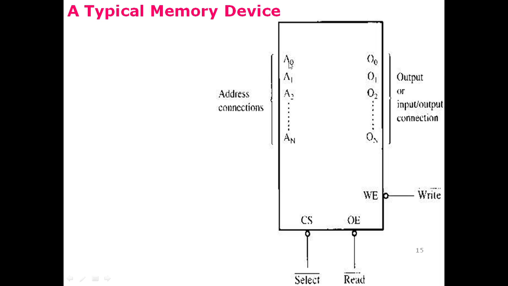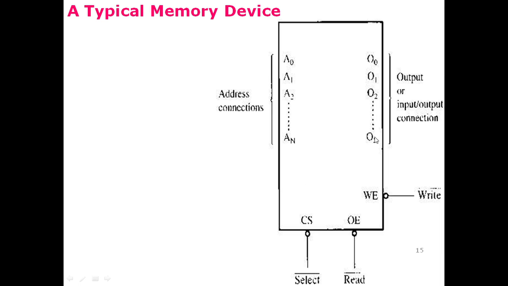There can be a number of address lines in each memory chip, depending on the capacity of the memory inside. So the address lines range from A0, A1 till AN, where N plus 1 is the number of address lines in this memory chip.